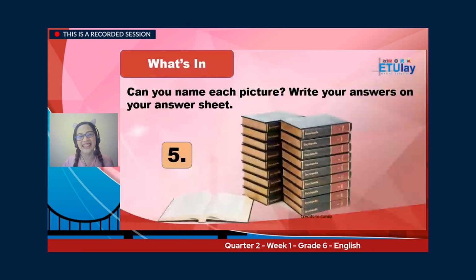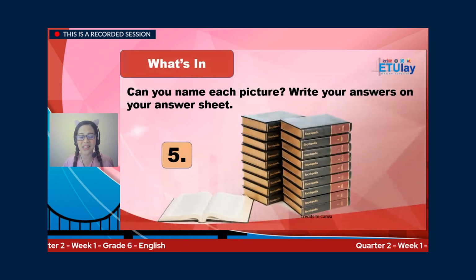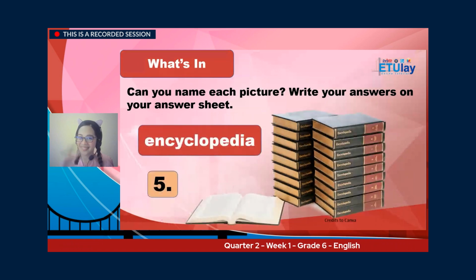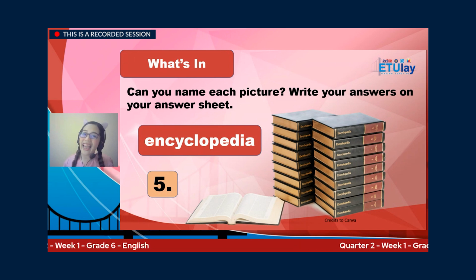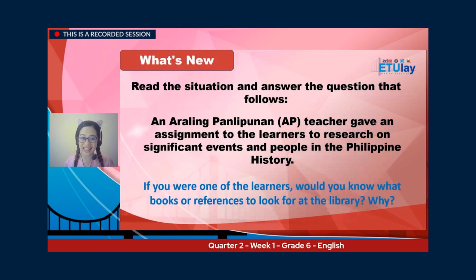That's right. How about number 5? What is this, learners? And the correct answer is encyclopedia. Did you get a perfect score? Very good, learners. And let us now proceed to our What's New activity.